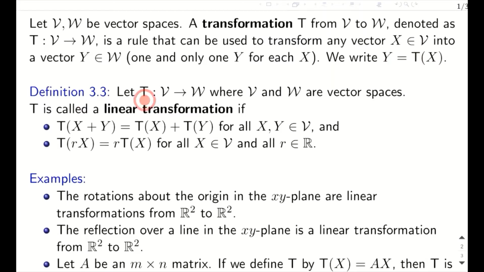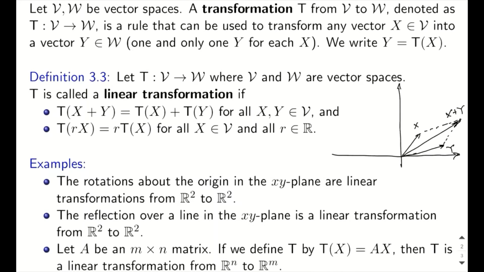If T is a transformation from V to W, then T is called linear if it preserves the addition structure and the scale structure in between the two spaces. Geometrically, if you have two vectors x and y, then you have the summation of x and y computed by the parallelogram.